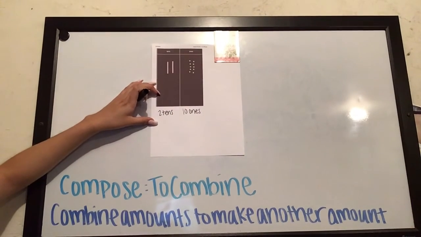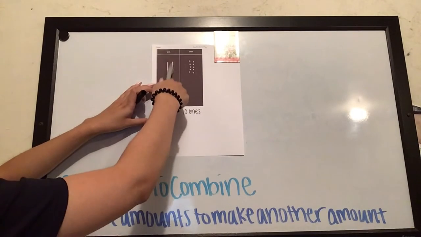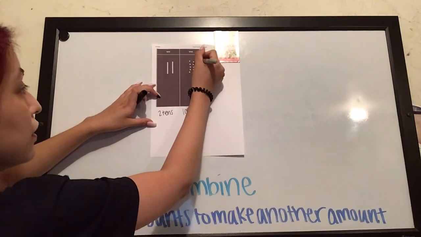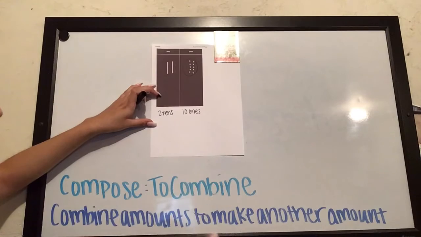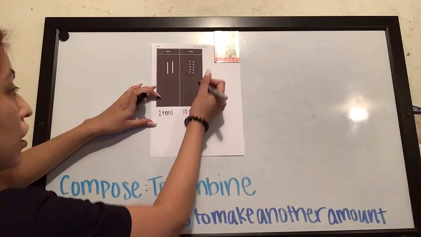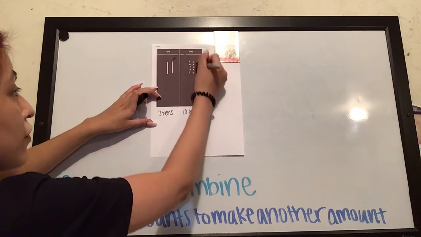So for this one, you have to remember that when you have 10 ones, that equals a 10. This is the exact same thing as a 10. So you can bring that one over here. So if we bring it over here, you're not going to have those anymore.